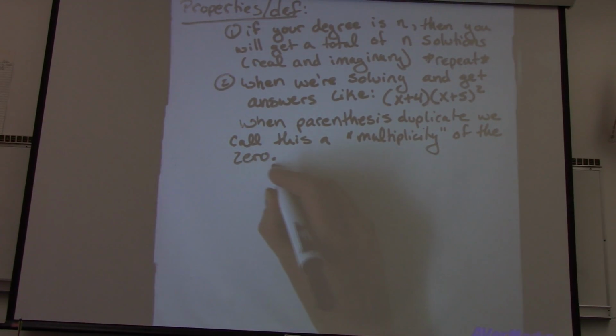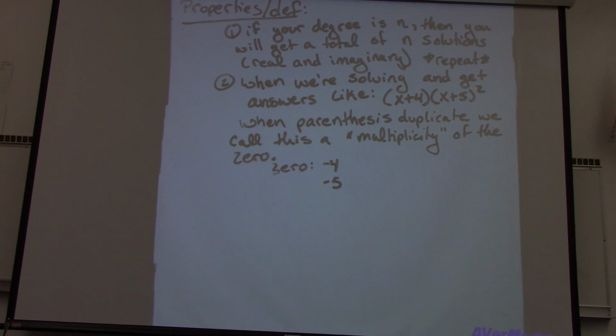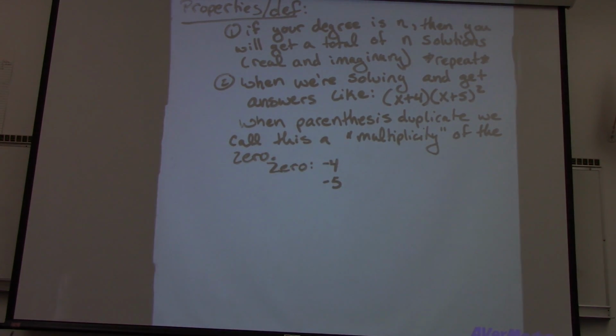In other words, if I look at the example that they just gave me, what are the 2 zeros here? -4 and -5. I'm going to stack them. So I got a -4 as a zero, and I have a -5 as a zero. If we're looking at the -4, I only have one parenthesis with -4.